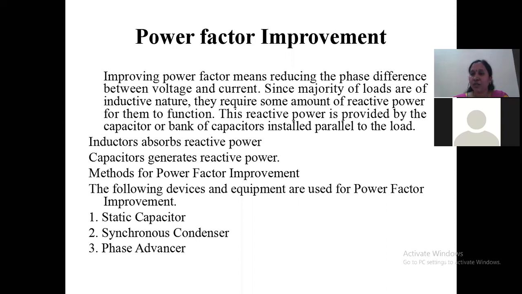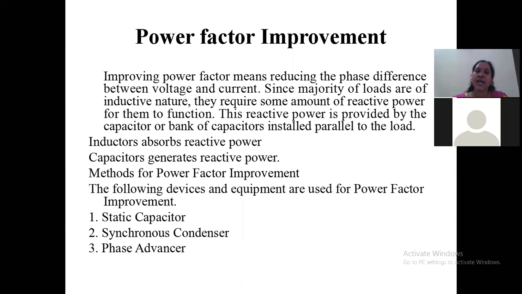For making it unity, we need to use some devices. So improving the power factor means reducing the phase difference between the voltage and the current. The lesser the phase difference, the more improved the power factor will be.